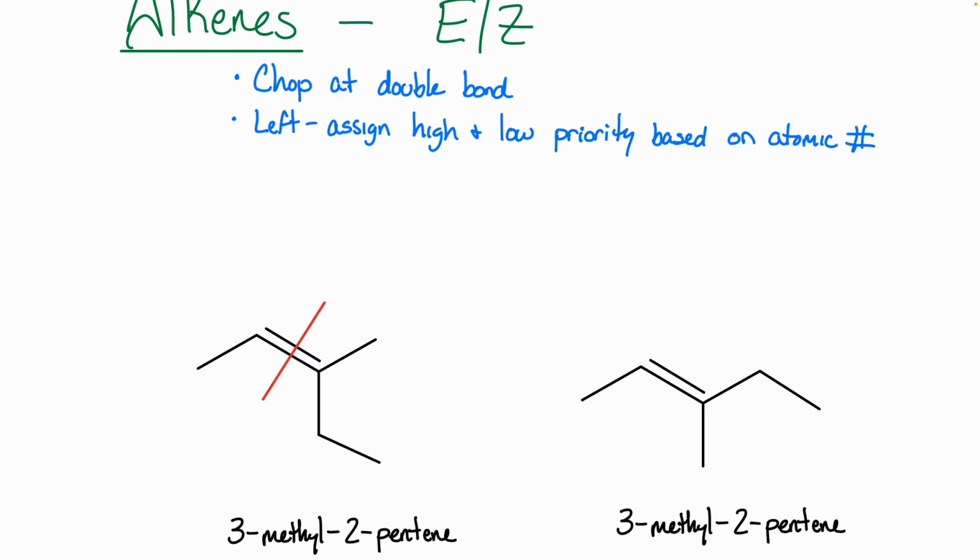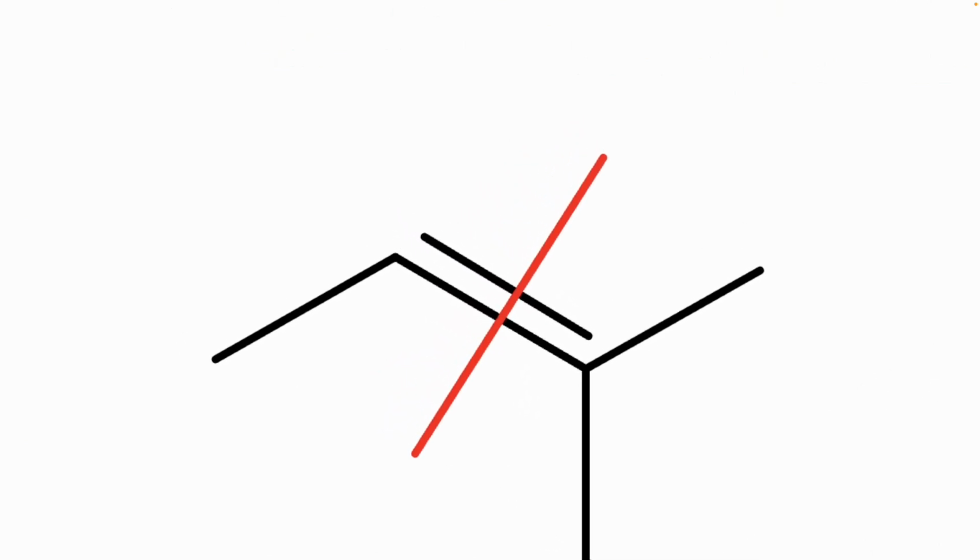Cool, so what do I mean by that? Again, I'm going to chop it at this double bond, and I'm going to look on the left-hand side of this bond, and I'm going to assign these 2 groups high and low priority. I see this methyl group written here, but I said there are 2 groups. What is the other thing bound to this carbon on this side? My implied hydrogen, right? My carbon needs those 4 bonds, so I have to fill in with my mind's eye this hydrogen here.